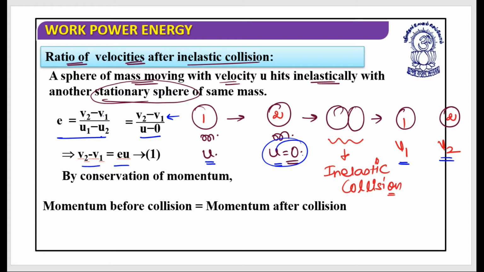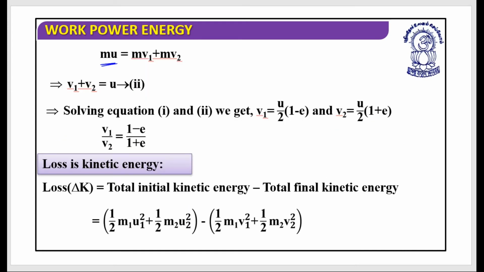And one more relation I can have is the conservation of momentum, which says momentum before collision equals momentum after collision. So that could be written as m into u is equal to m into v1 plus m into v2. So this m has gone. So this could be written as v1 plus v2 is equal to u. This is relation number 2, sorry.